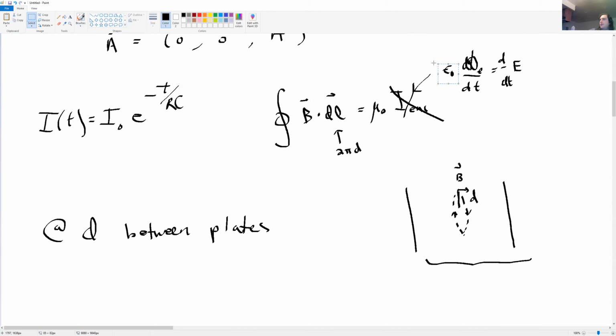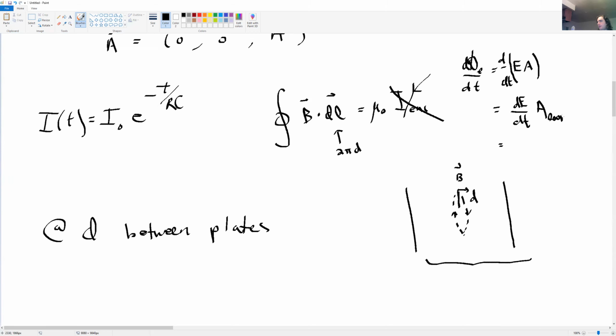Let's just delete it. So the time rate of change of the electric flux is going to be the derivative of the electric field times the area, which is just dE dt times A. And E is going to be given in terms of surface charge density. This is the area of the loop.